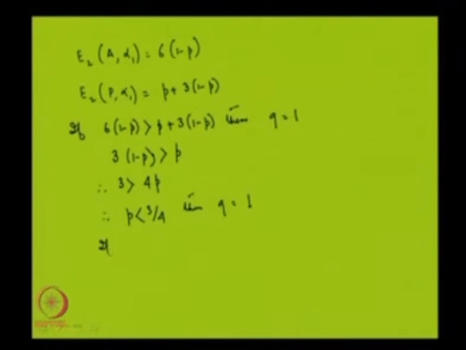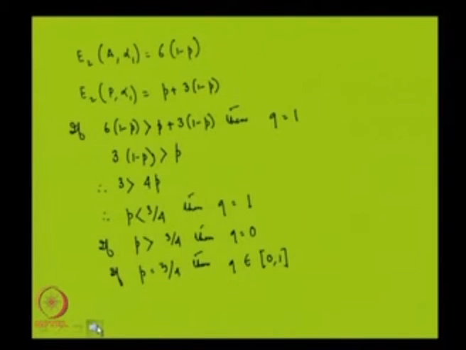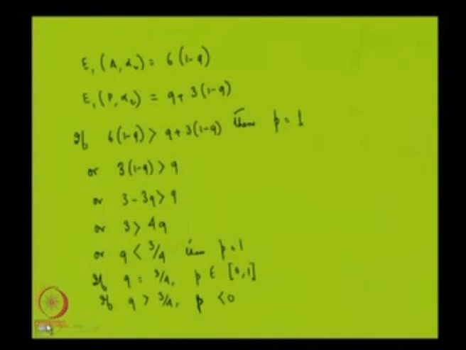Similarly, if P is greater than 3/4, then Q will be equal to 0. If P is just equal to 3/4, then Q can take any value between 0 and 1. So the best response functions will be the following. If Q is less than 3/4, P is equal to 1.